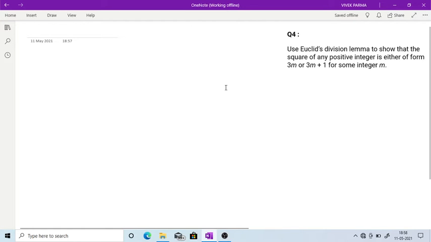So we have now another proof: use Euclid's division lemma to show that the square of any positive integer is either of the form 3m or 3m plus 1 for some integer m.